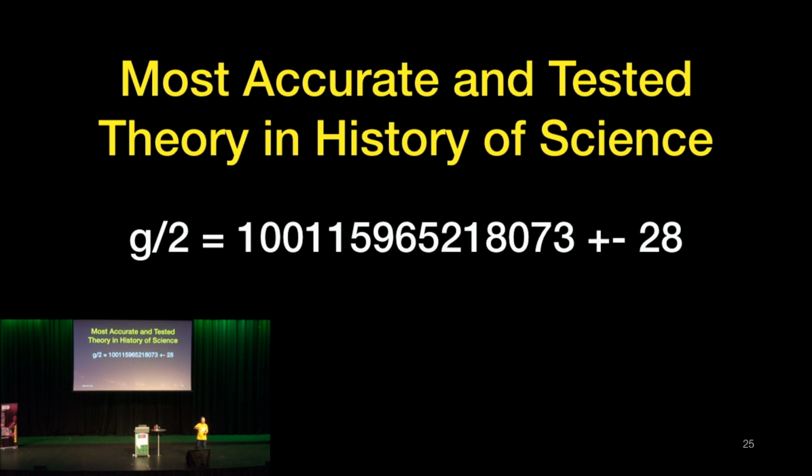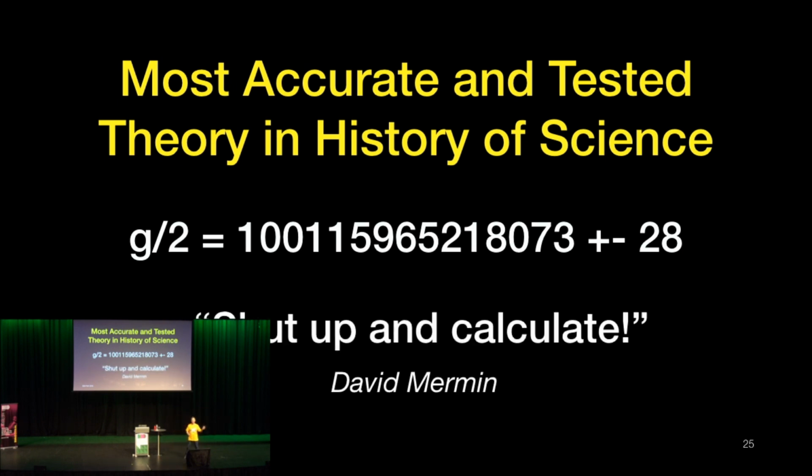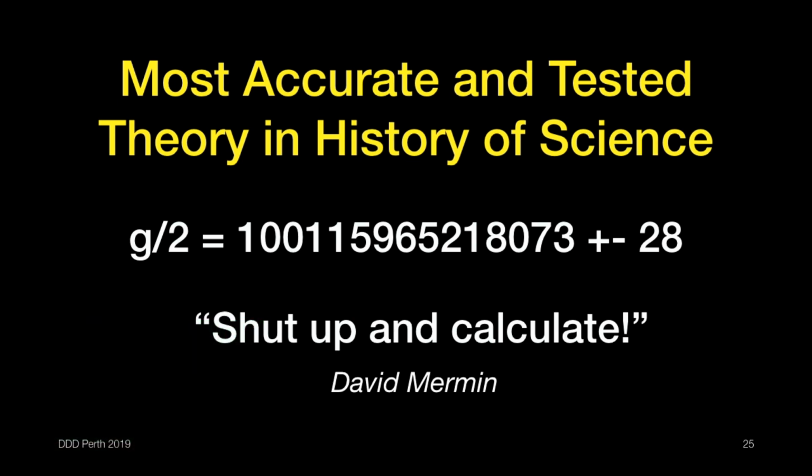And when you go and measure them in the real world, they're precise to 11, 12, 13 decimal places, plus or minus 28 at the end. We don't have any other theories that are that accurate. So a lot of the quantum physicists, when people start philosophizing about whether the world is really like this, just say, shut up and calculate, because it gives you the right answers, right?